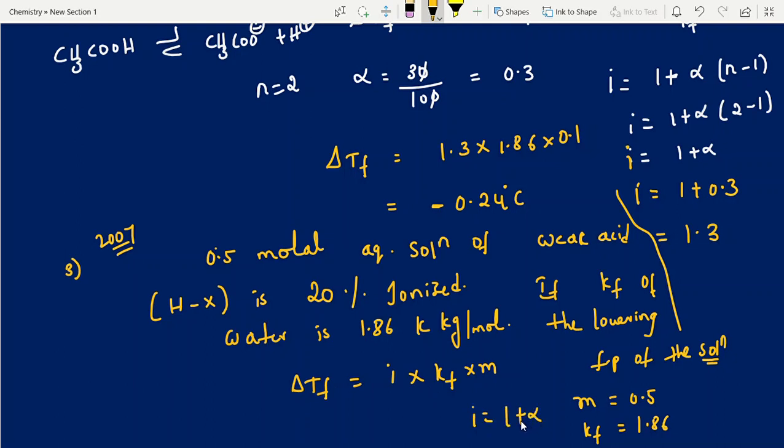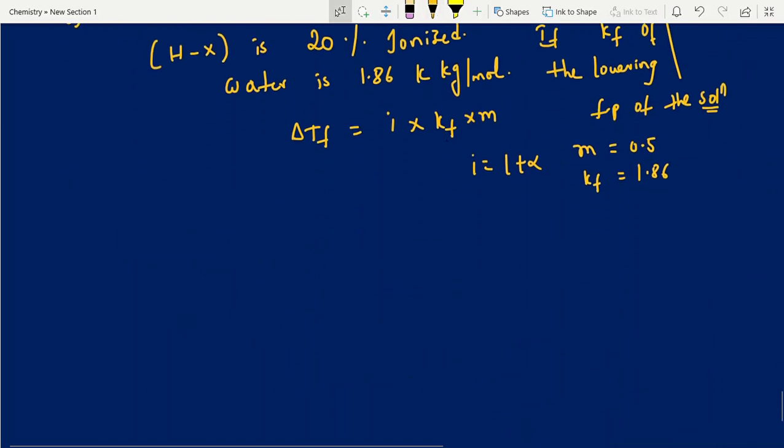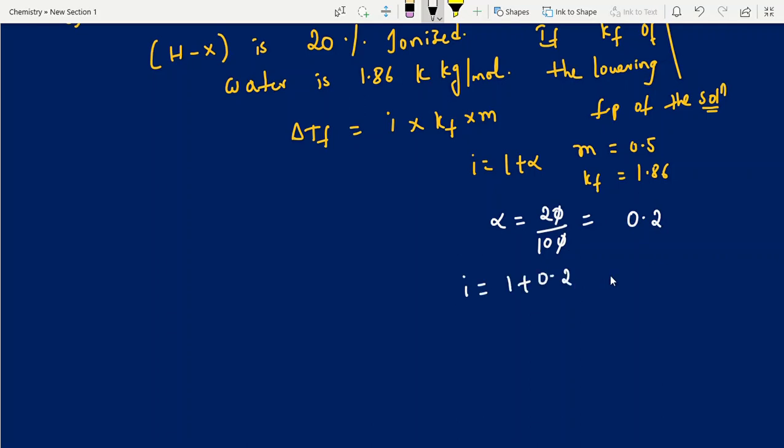Alpha value 20% ionized means 0.2. Substituting alpha equal to 20 by 100, 2 by 10, 0.2, i equal to 1 plus 0.2, that is nothing but 1.2. Delta Tf equal to i into Kf into m, 1.2 into 1.86 into 0.5. So finally your answer is this one.